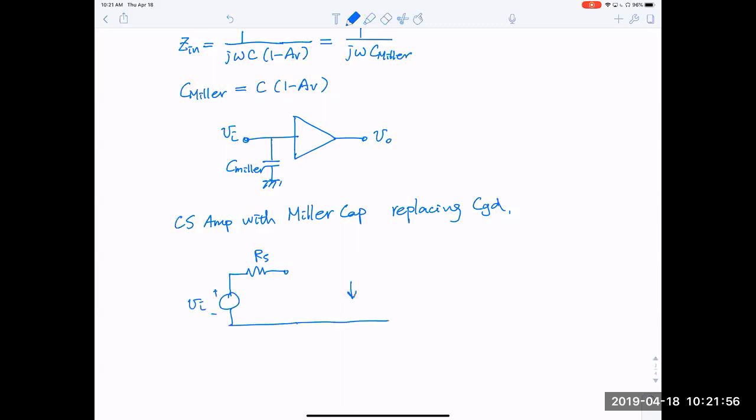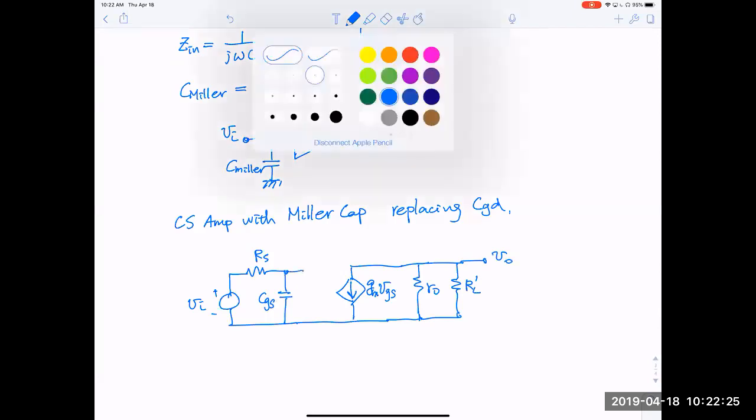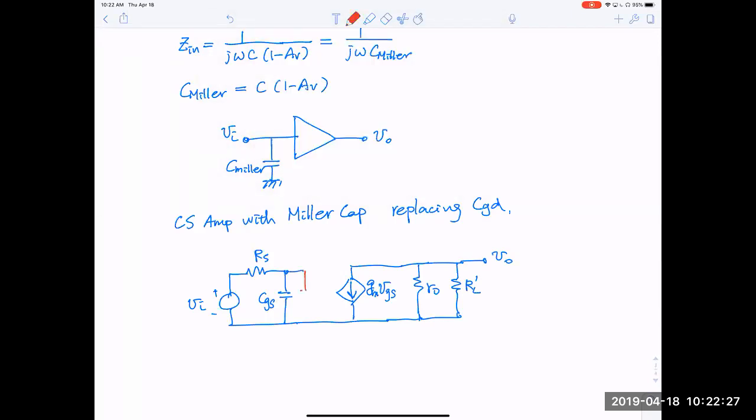And here we have the dependent current source, GM VGS. And we have RO. And we have RL prime. Here is VO. And we have CGS. And now we have this new Miller capacitance. This new Miller capacitance is connected to ground also. So this is C Miller here.